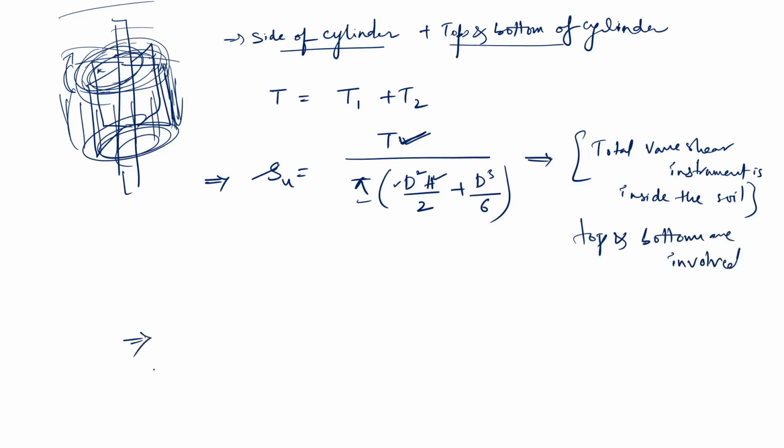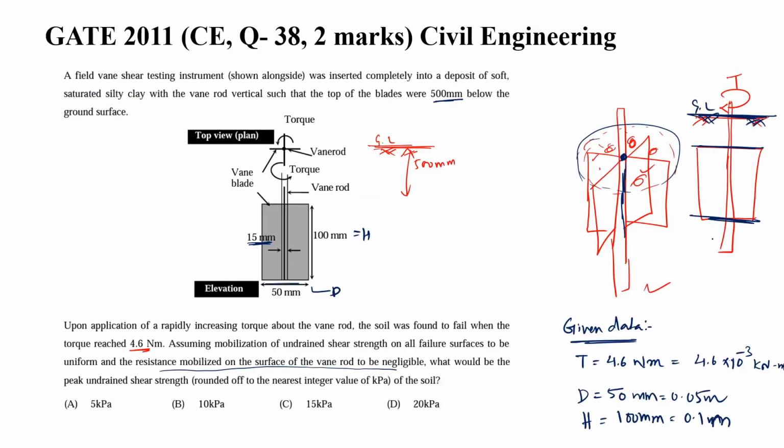Suppose the vane is inserted such that ground level is here, with part of the blade height above and part below.